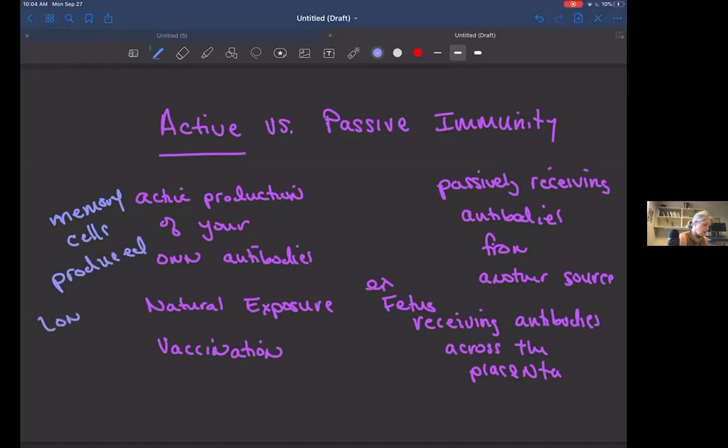So it is long acting. Passive immunity, we would have no memory cells produced. So it is short acting.